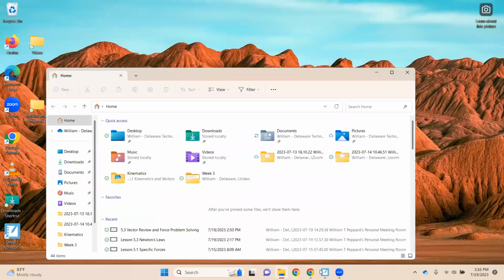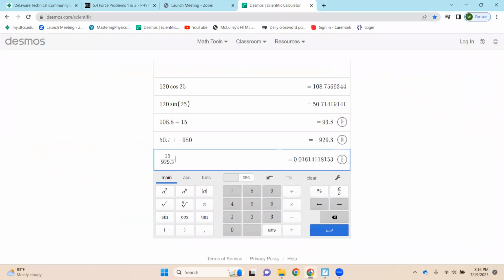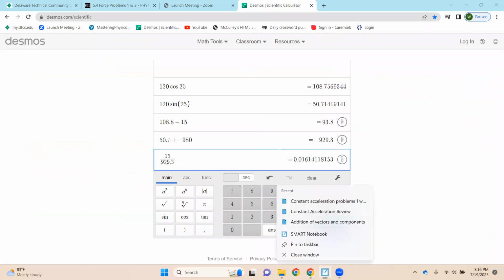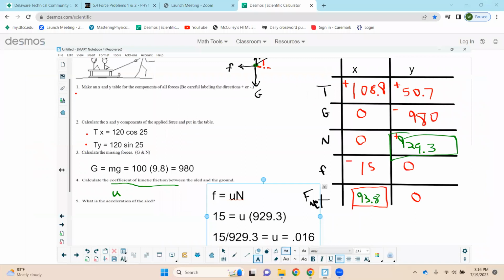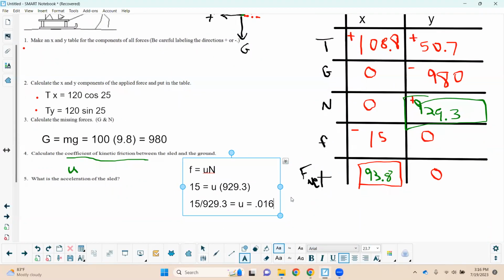So there is not a lot of friction going on. 0.016, it's a small number. Yep, that's fine. And then go back. So that's that one.